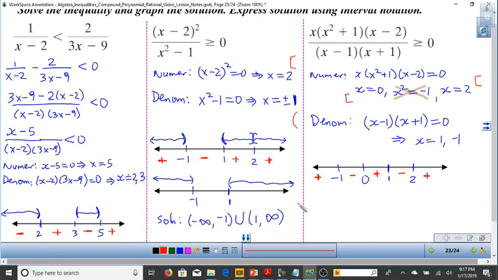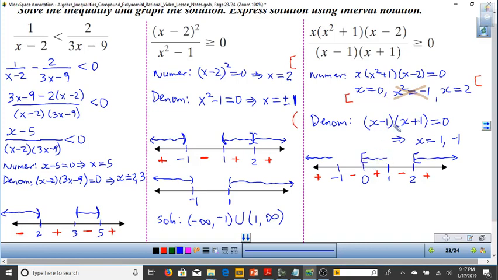So we are looking at all the regions where we have positive answers, and we're going to only shade those. So we're going to shade to the left of -1, positive because it's greater than or equal to 0, between 0 and 1, and after 2. And the bracket goes with 2, so we'll put a bracket there. And a bracket goes with 0, so we'll put a bracket there.